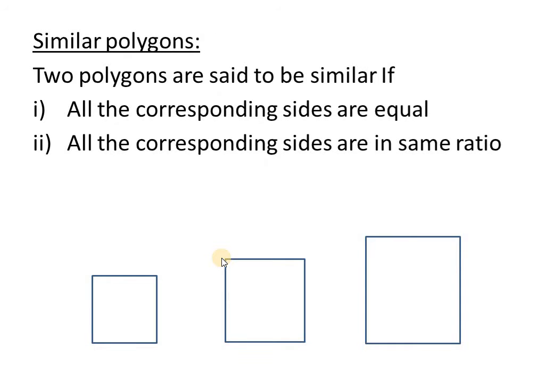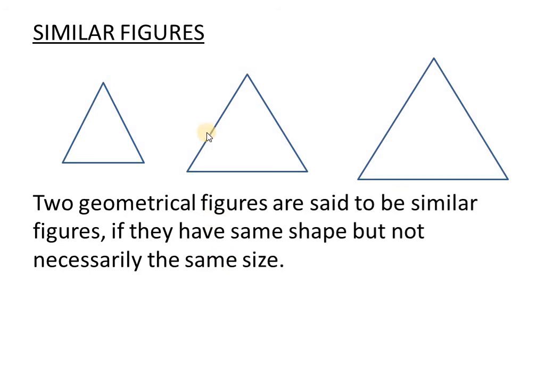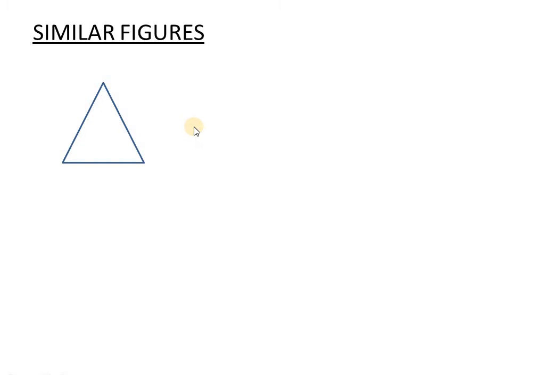So what are similar triangles? How are these similar triangles obtained? Let us consider two triangles.